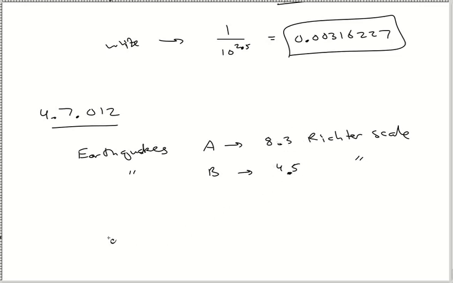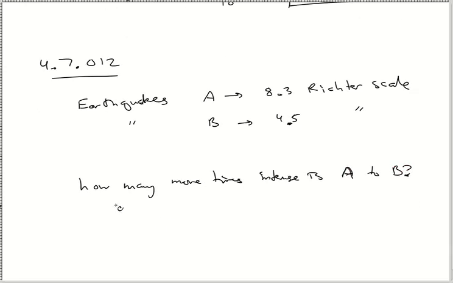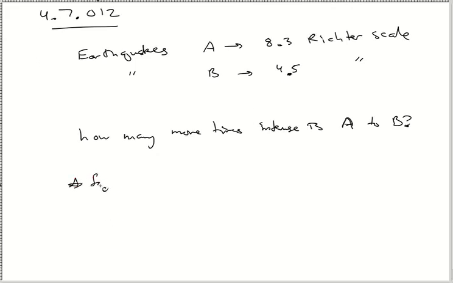Just in comparison. And that's actually what they're going to be asking for, how many more times intense is A to B. Okay. Again, they're kind of leaving you without a formula. So what you actually have to do here is a kind of pseudo formula.